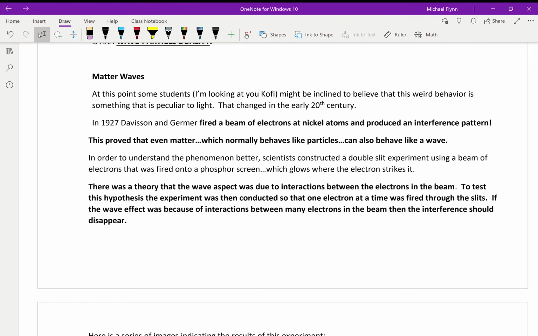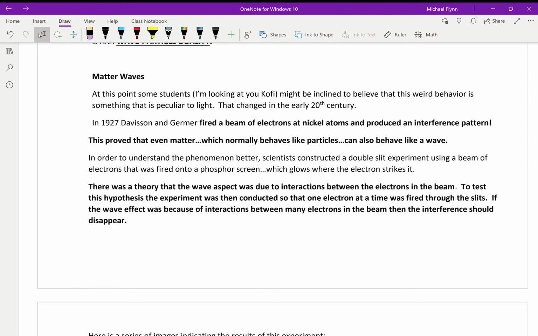The way they did this experiment is electrons were fired through a double slit, and they would hit a screen, a phosphor screen, sort of like those old television tubes. And when an electron hits a screen like that, a dot will glow. So when one electron got fired through, if it made it through the two slits, you'd see a dot glowing on the screen on the other side.